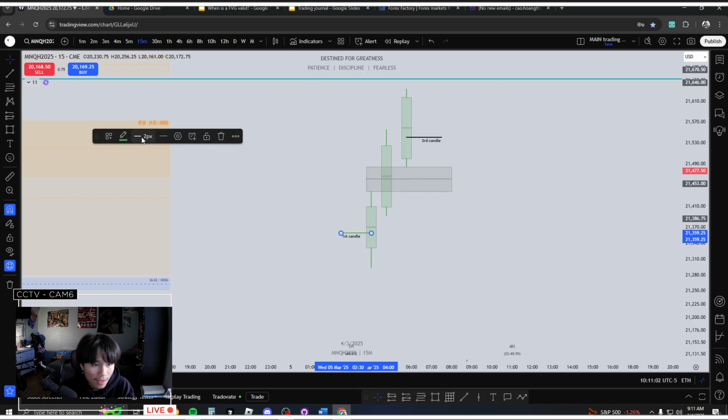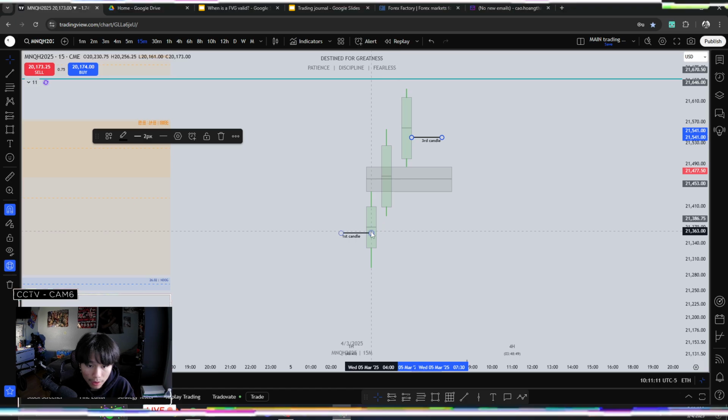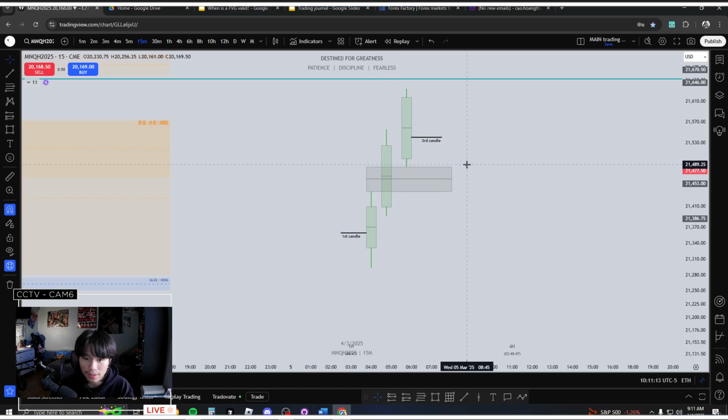So pay attention to how the first candle's high here doesn't overlap with the third candle's low. There's an inefficiency here, and this is what makes a fair value gap a fair value gap.